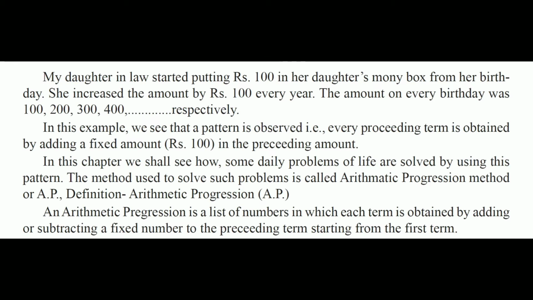So we have reached today's topic, that is arithmetic progression or AP. AP or arithmetic progression is a list of numbers in which each term is obtained either by adding or subtracting a fixed number, that is called the common difference, from the preceding term.